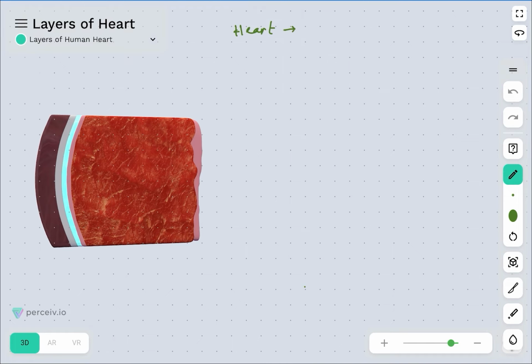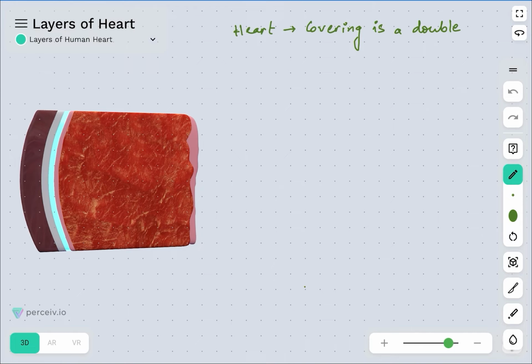So the covering of the heart is usually made of a double-walled membranous bag, and that double-walled membranous bag is called the pericardium. This is called pericardium.